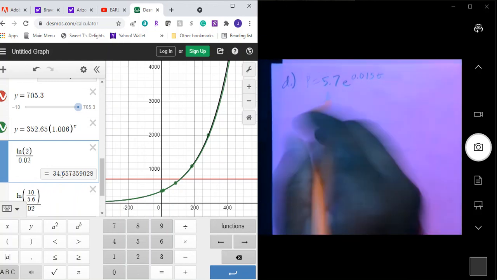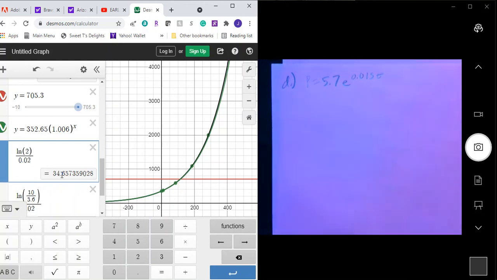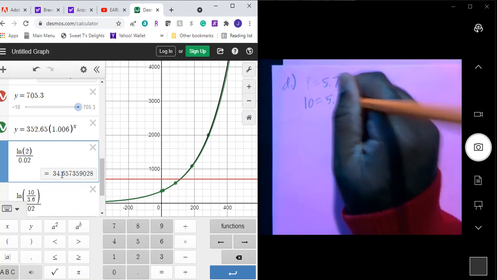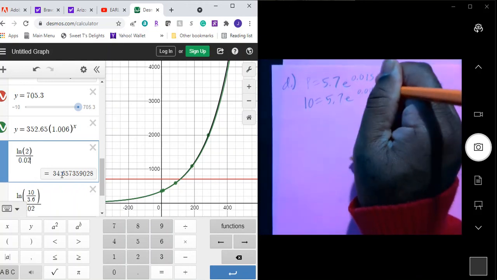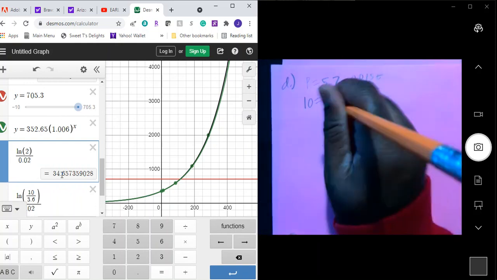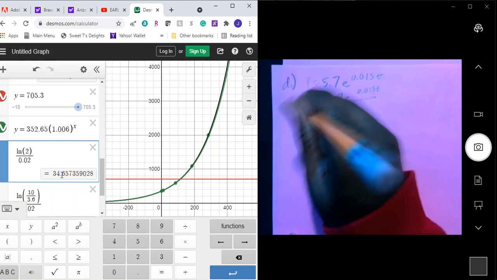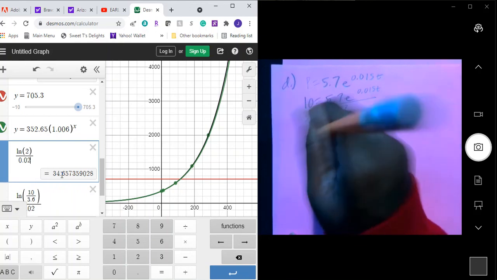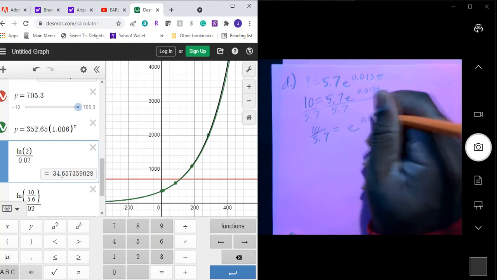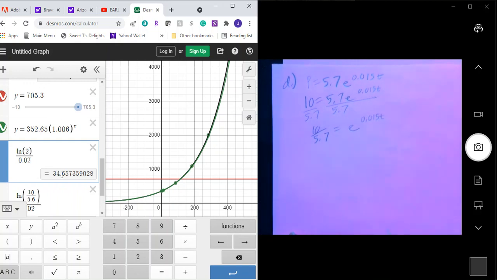Okay, so now they tell us that they want Earth's carrying capacity. We were told earlier that Earth's carrying capacity was 10 billion. So this P would become 10. So now we go through and solve for t. Divide each side by 5.7, so it'd be 10 over 5.7 is equal to e to the 0.015t.